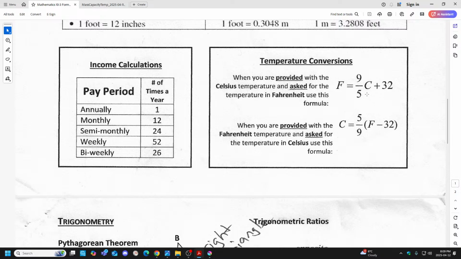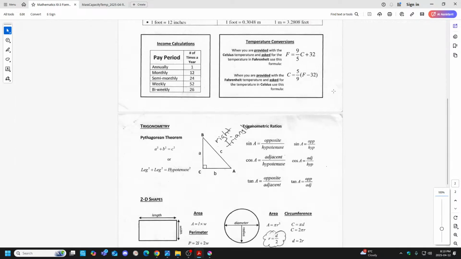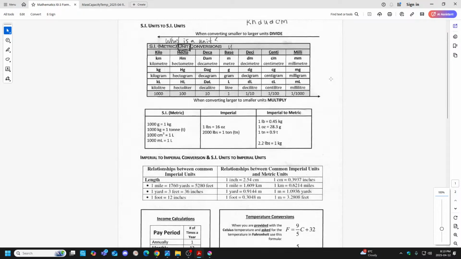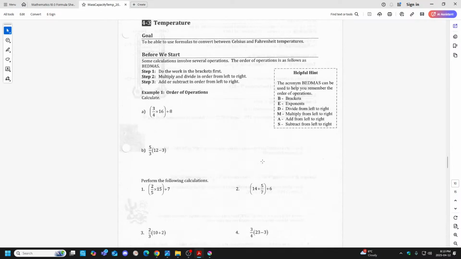These are the knowns, the givens. If you know the Celsius but want to convert to Fahrenheit, that's this formula. If you know the Fahrenheit but want to convert to Celsius, that's this one. So we're going to have to practice a little bit of basic mathematics, and that's what these examples are.